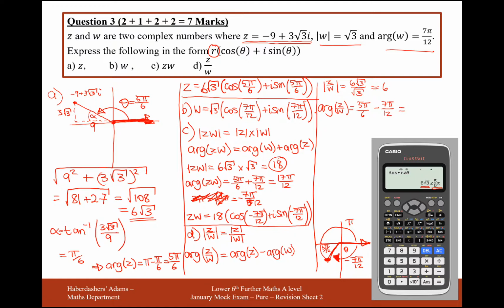So that's going to be 10 pi by 12 for this 5 pi by 6, take away 7 pi by 12, that will leave me with 3 pi by 12, which is the same as pi by 4.